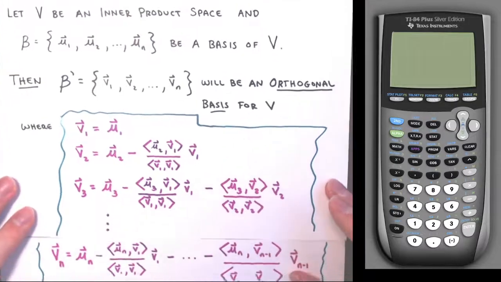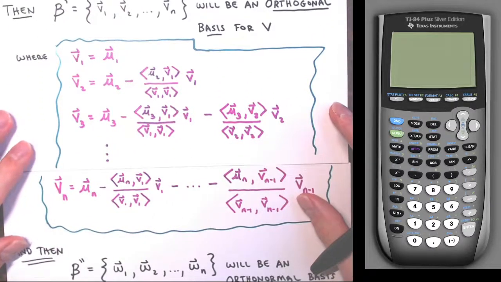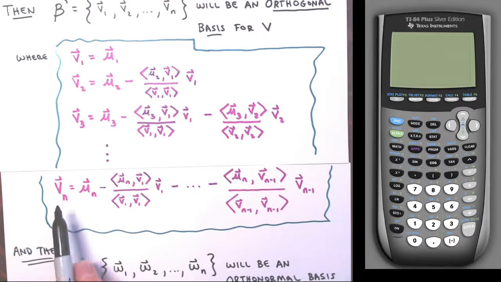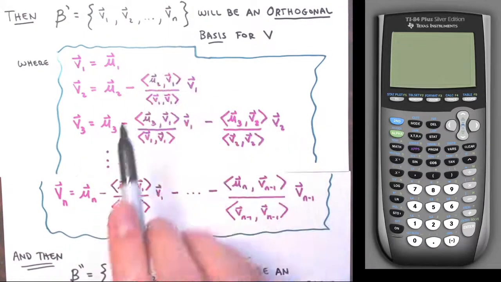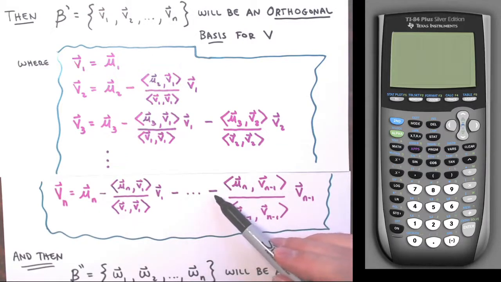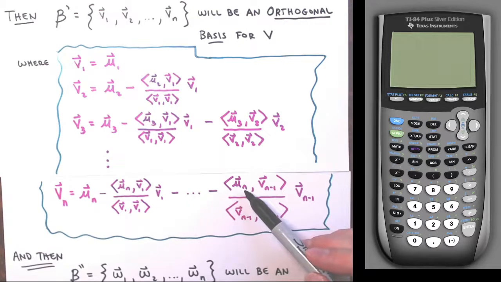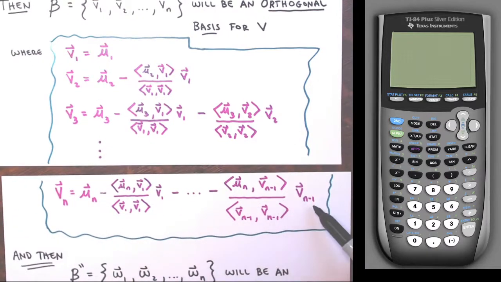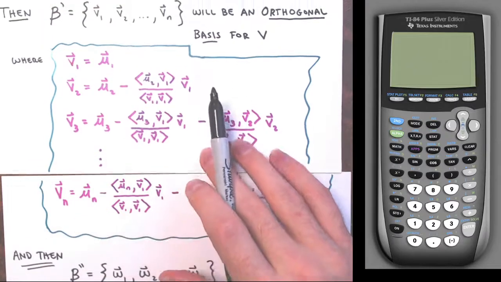And here's how the general formula works: any vector vn in this orthogonal basis is un, the nth vector from the original basis, minus the projection of un onto v1, minus the projection of un onto v2, minus the projection of un onto v3, and so on, all the way up to minus the projection of un onto v sub n minus 1, the v vector before this, and that's the last one.